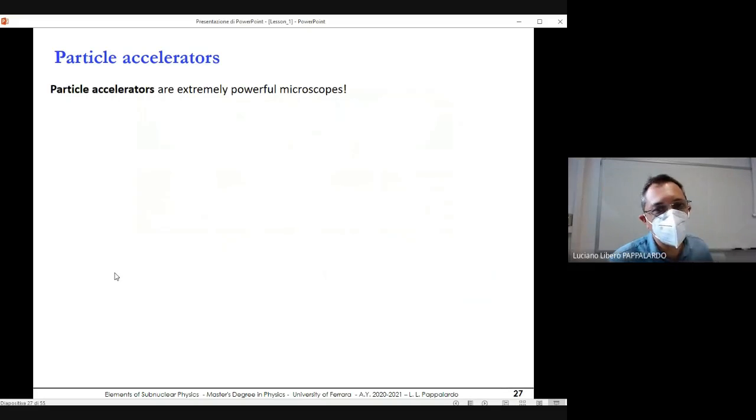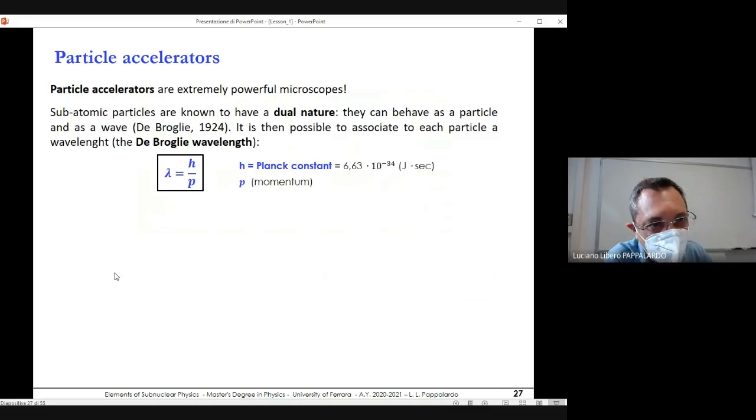One of those is that they act as extremely powerful microscopes. So you can use an accelerator to inspect in great detail the structure of hadrons, for instance. And why does this happen? Well, this is because, as you know from quantum mechanics, subatomic particles have a dual nature. They can behave as a particle and also as a wave, and this was already discovered by de Broglie in 1924.